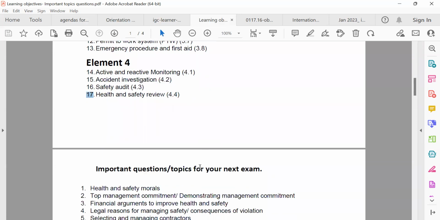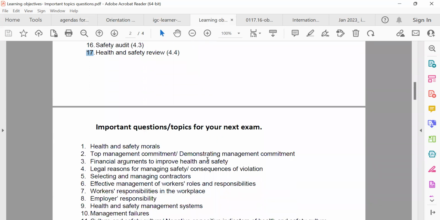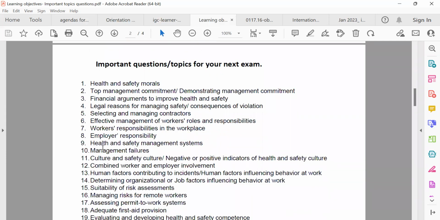Let's have a look at some important questions or important topics for your next exam. The main important part is health and safety morals. The question would be like, comment on the health and safety morals of the company. Another one is top management commitment, demonstrating management commitment.